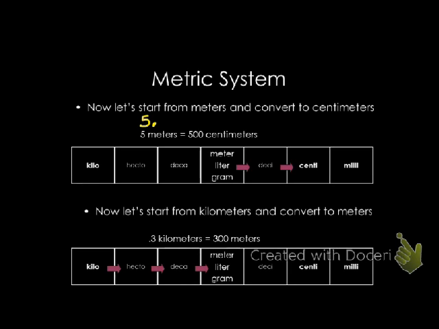We have to move it 2 times to the right: 1, 2. This time, we have some blank spots. Always fill blank spots with zeros as placeholders, and in holding those places, now they represent the number of centimeters, which would be 500 centimeters. You can abbreviate that cm.